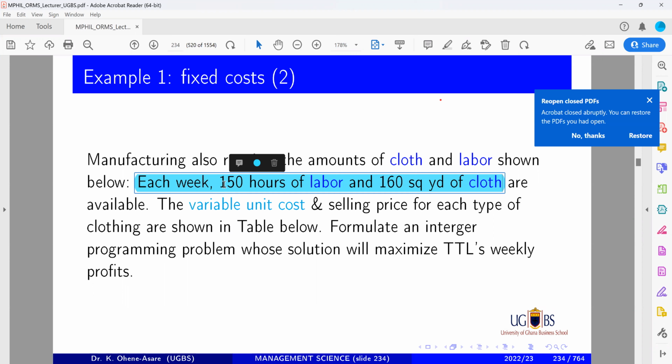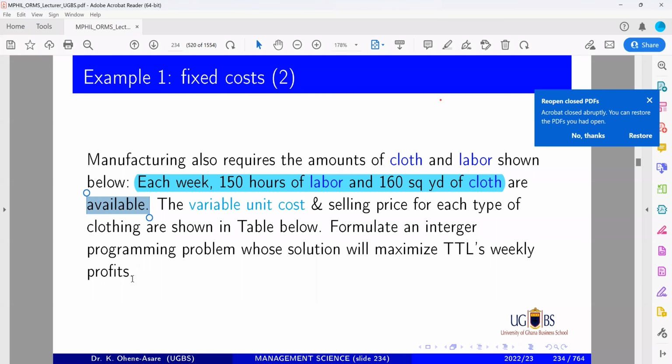It also means that these 150 and 160 for labor and cloth carry the symbol of less than or equal to because of the word available. We are told to formulate an integer programming problem that will maximize the profit of Turner Textile Limited.